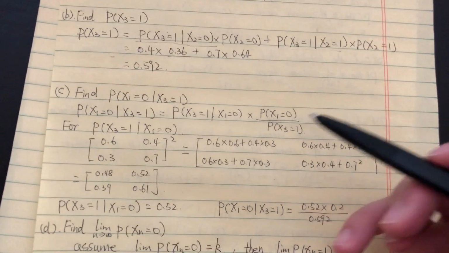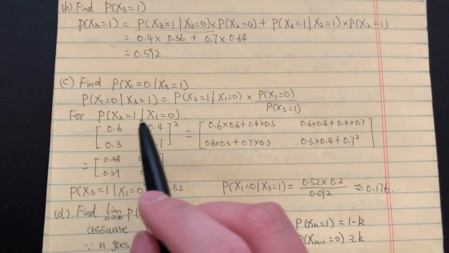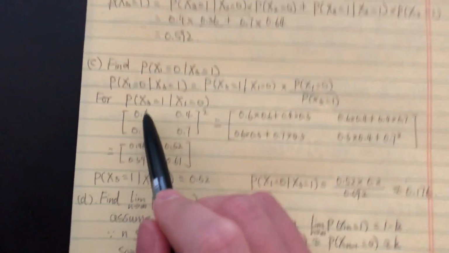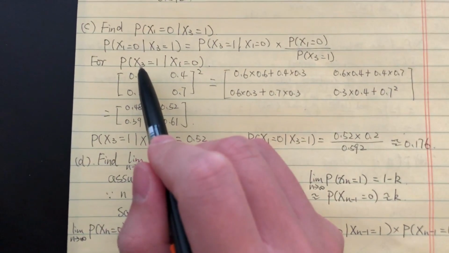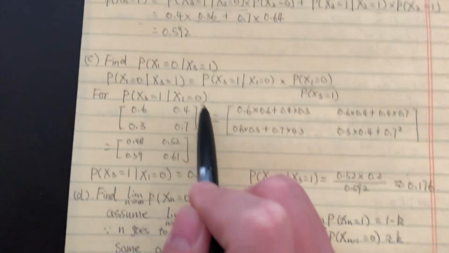This is because of the conditional probability. And we need to know the probability of x3 equals 1 given x1 equals 0.